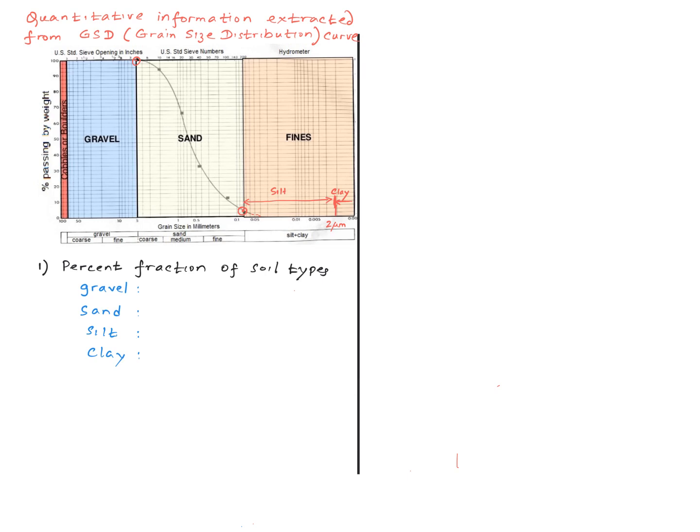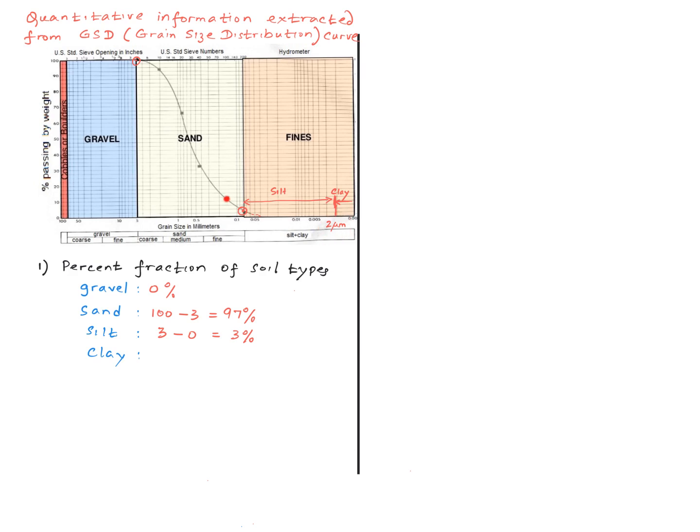Okay, so let's go ahead and find the percentages of different types of soil. And we see that 100% of the soil is finer than the diameter corresponding to this vertical line, and therefore the percentage of gravel in the soil is 0. As far as the sand content is concerned, this is 100, this is about 3, so 100 minus 3 is 97%. 2 micron is the dividing diameter between silt and clay.